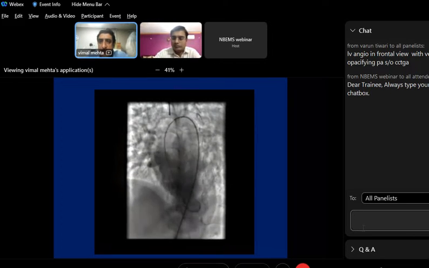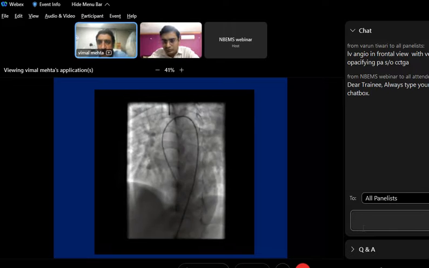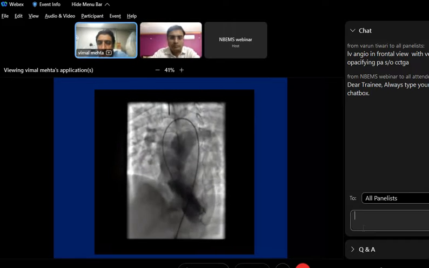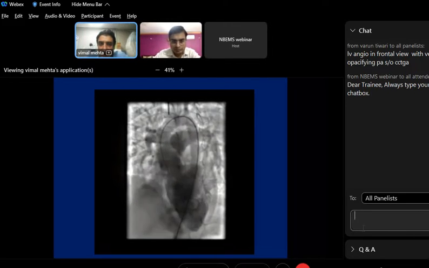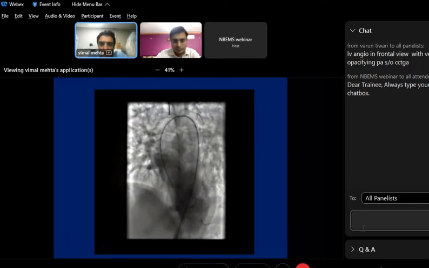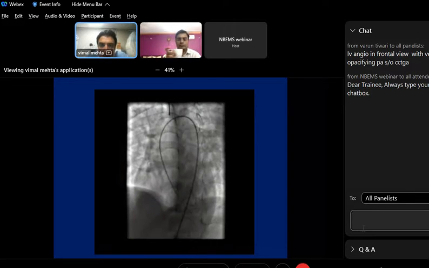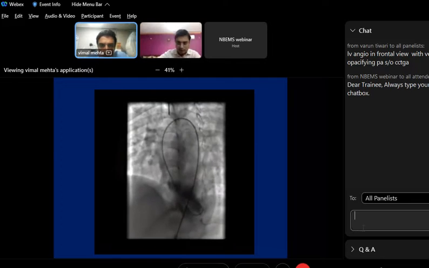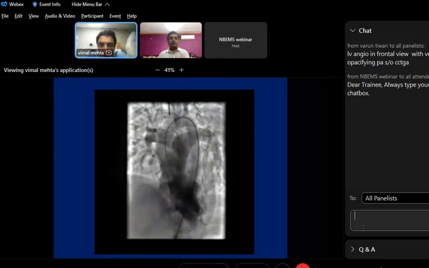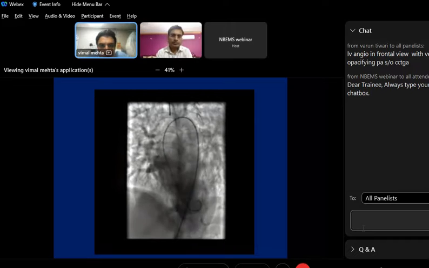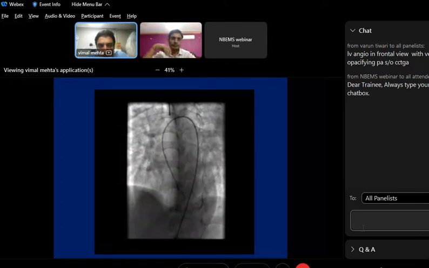So where is the VSD? View. So, most important thing is view. You always say that this is an LV angiogram in LO view with a pigtail catheter, and here what we can see is a smooth walled ventricle, because once you have a VSD, it's practically a congenital case.